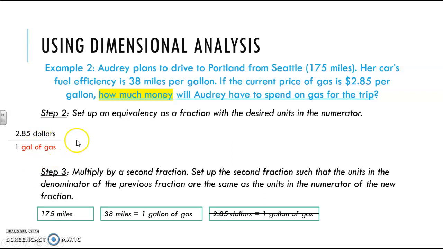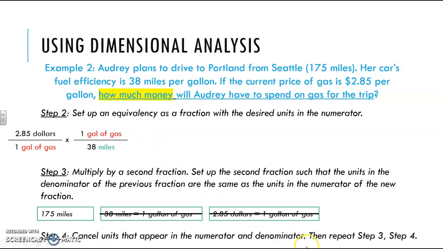In the next fraction, I want another fraction that contains the same units that are in the denominator here. And if I look at what's left to use of the information, I have this equivalency here that contains the units of gallons of gas. So I'm going to set up another fraction that has the gallons of gas in the numerator and the miles in the denominator. So I've used that bit of information.